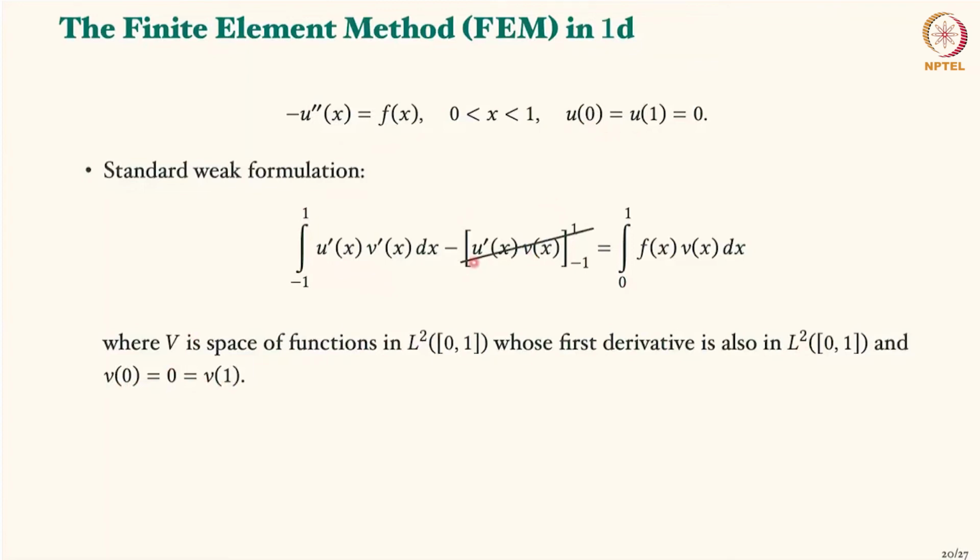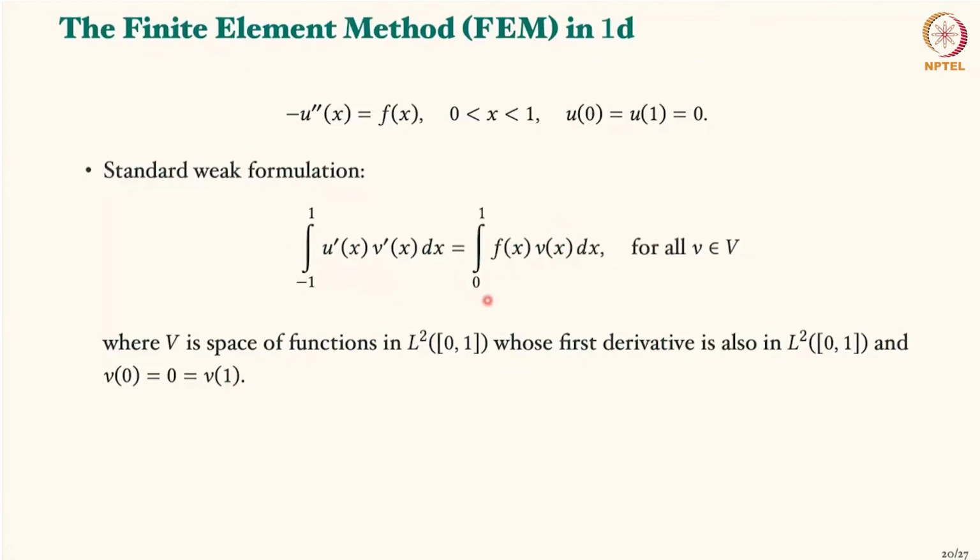What this buys me is that this boundary term goes to 0, because u prime might have some values, but I know that v of 1 and v of 0 are zeros, so one of the terms in the product is 0, and this drops out.